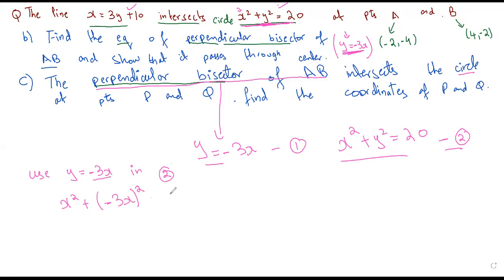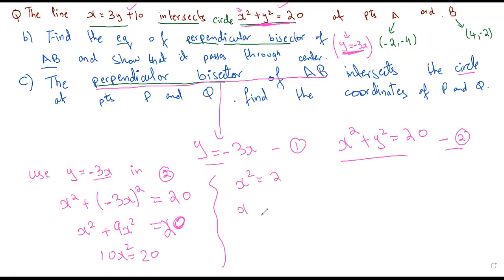This will give me x square plus 9x square equals 20, and this will give me 10x square equals 20. Finally, I am going to have x square equals 2, and then x would be plus minus under root 2, right? Again, I repeat.